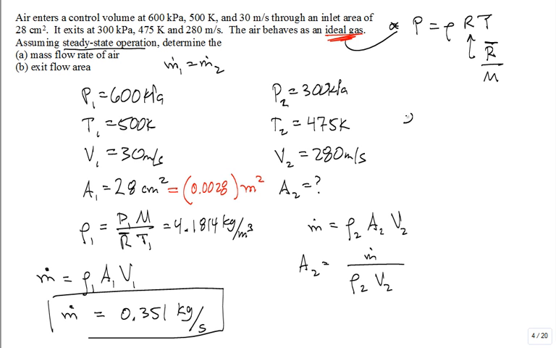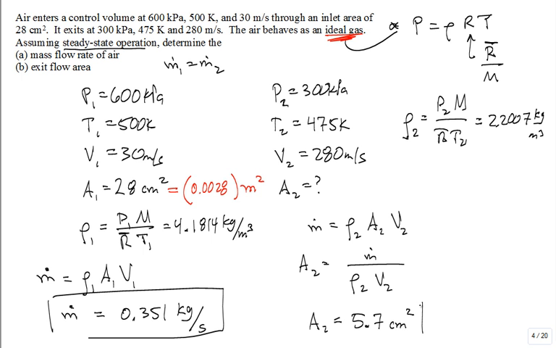You do the same calculations for the density at state 2: P2, molar mass of air, R bar T2. And that density is different. It's 2.2007 kilograms per meter cubed. The velocity is given, and so you calculate the exit area to be 5.7 centimeters squared.